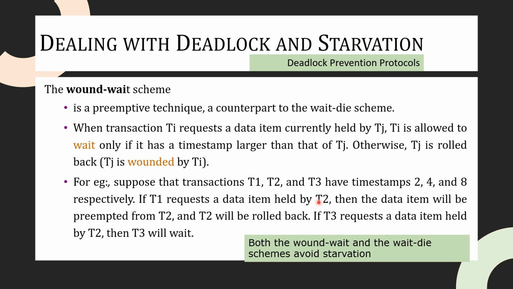So if T1 requests a data item held by T2, then the data item will be preempted from T2 and T2 will be rolled back. If T3 requests a data item held by T2, then T3 will wait. So here it can move to two states, the wound state or the wait state.